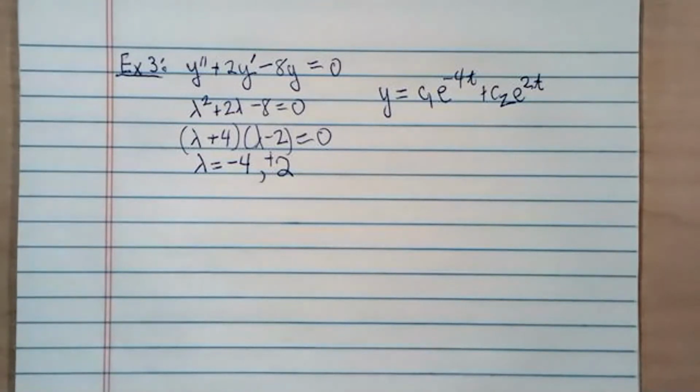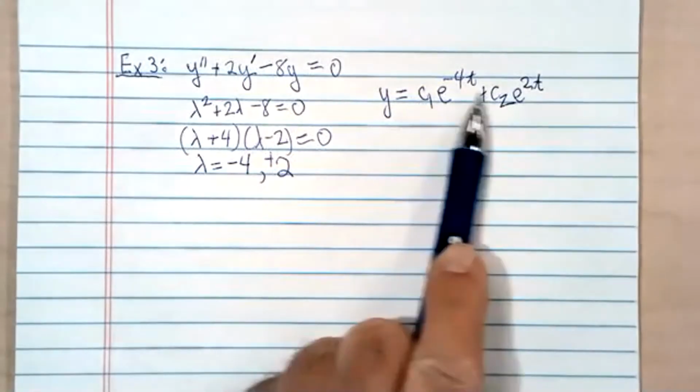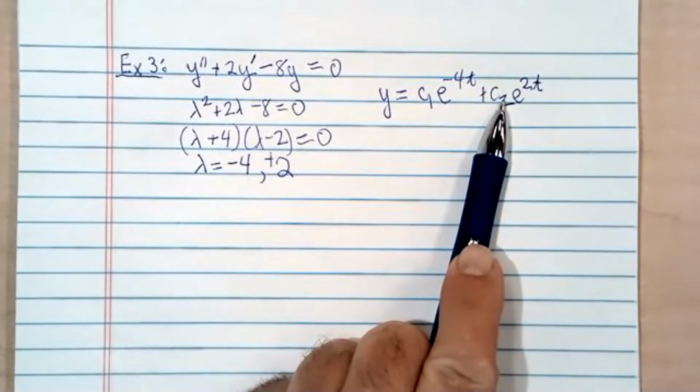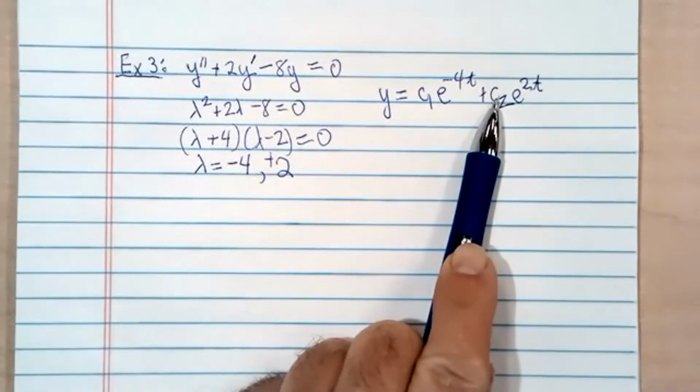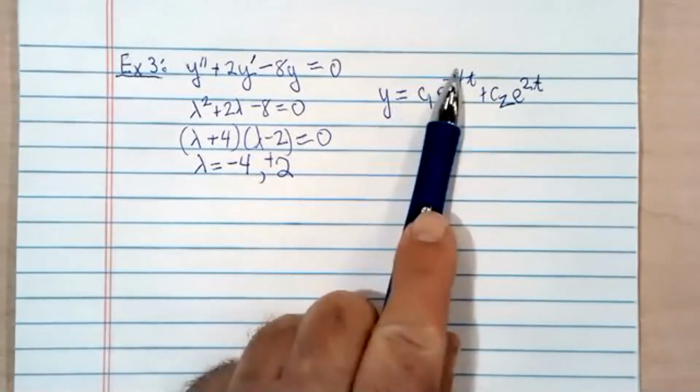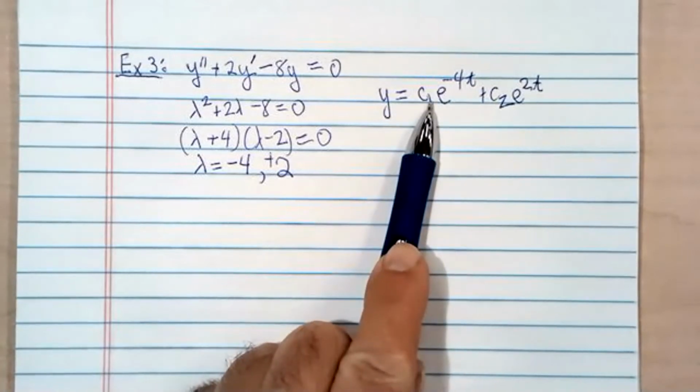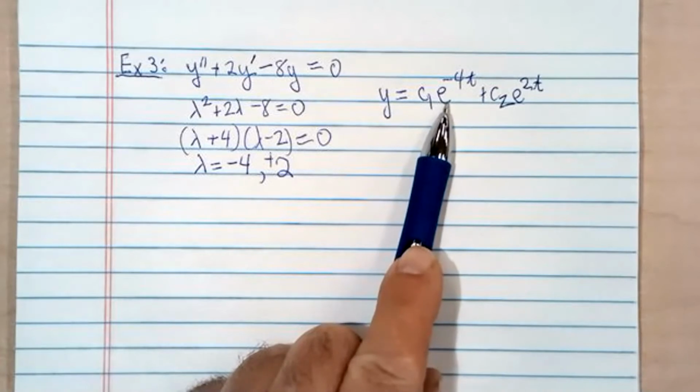Now, this one, well, it behaves nicely or it doesn't, kind of depending on the values of C1 and C2, right? If C2 were 0, then this thing is going to eventually come down to the t-axis, or very near to it.